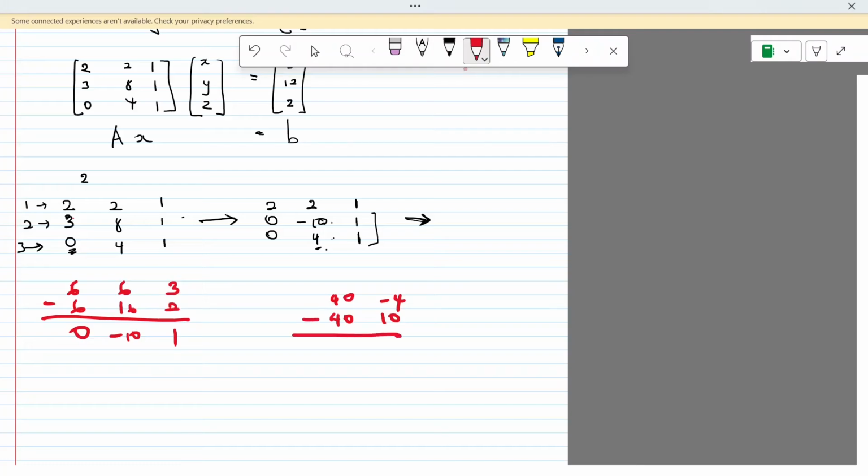Then when we subtract these two, we'll get a 0, and minus 4 minus 10, that's a minus 14, leaving us with 2, 2, 1. This remains a 0, minus 10, 1, and this becomes a 0, 0, and a minus 14.